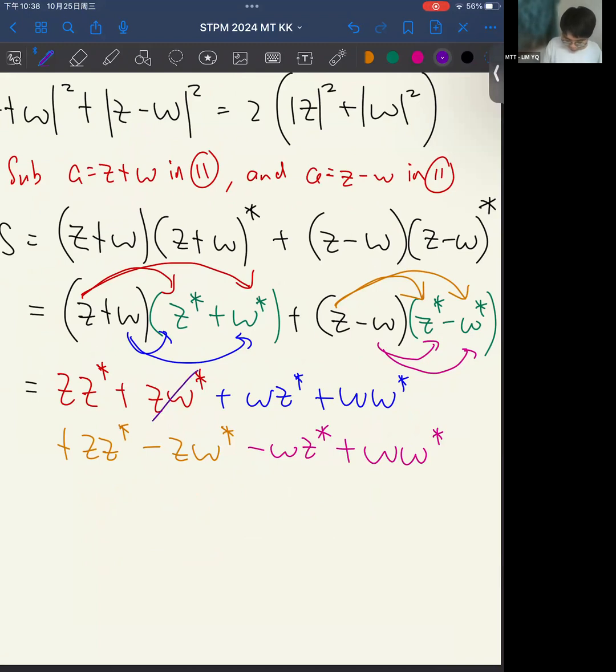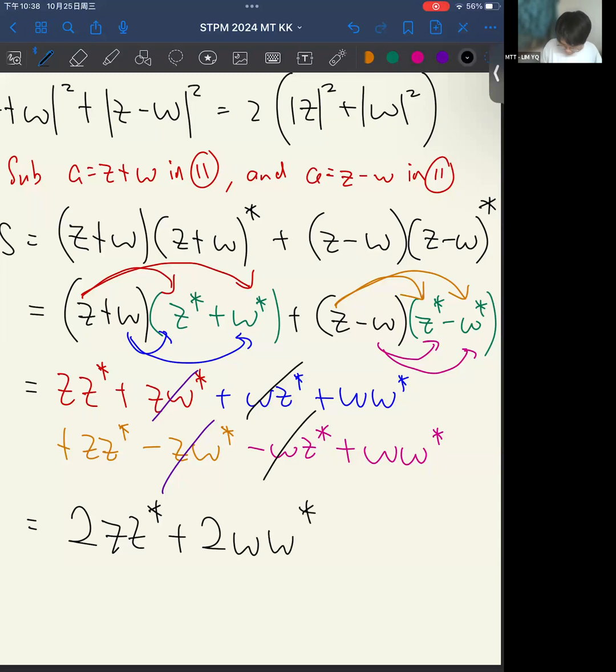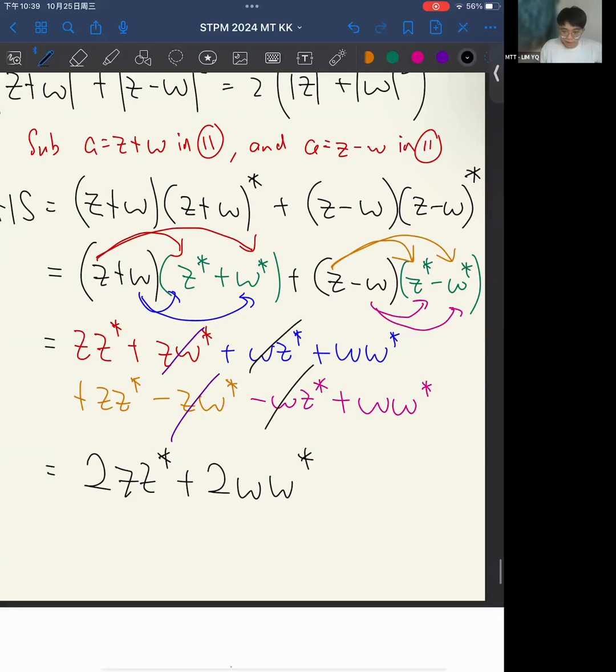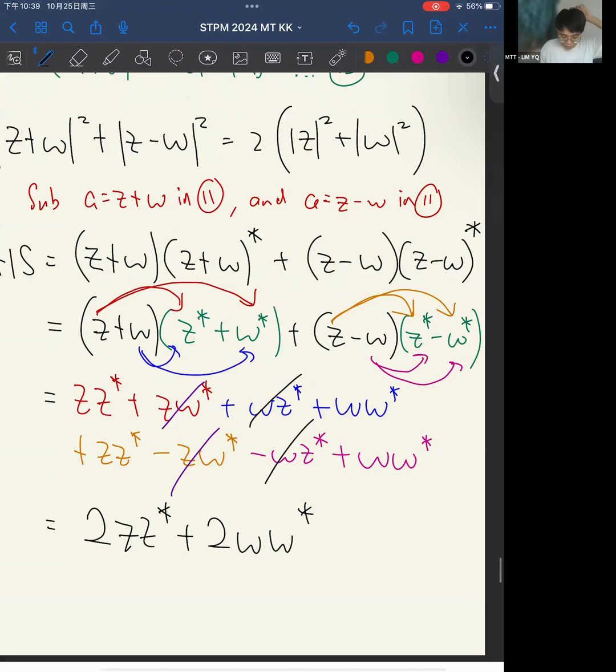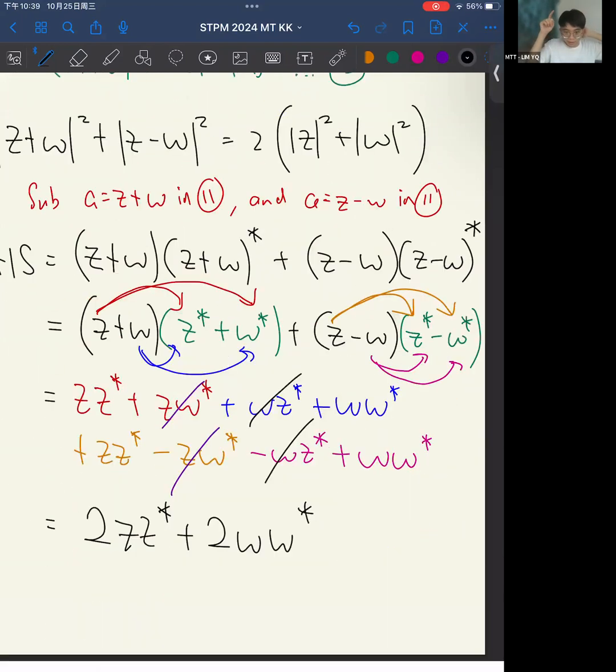Finally, you will see that this one and this one can cancel, and this one and this one can cancel. You combine these two, so you have 2Z Z conjugate, and then you have 2W W conjugate. Again, apply equation 10: any complex number multiplied by its conjugate is equal to the modulus squared.